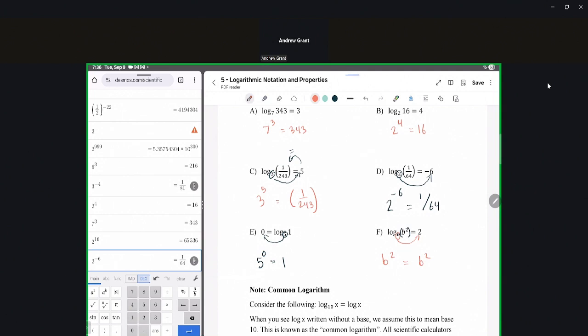You're looking at this now, thinking this is a little bit suspicious, but this is a pretty important property. In general, if you have log base b of b to the power of something, that's actually equal to that something. So if I have log base b of b to the n, that's just equal to n.